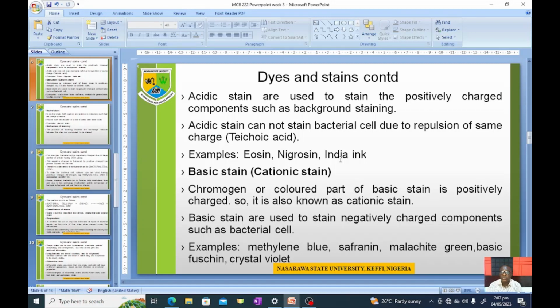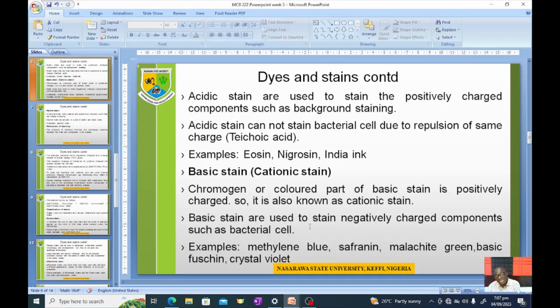The chromogen, or colored part, of a basic stain is positively charged, unlike the acidic, which we say is negatively charged. And so it is called a cationic stain and cannot stain basic structures, just as in the acidic stain. If it is basic, it will stain acidic.